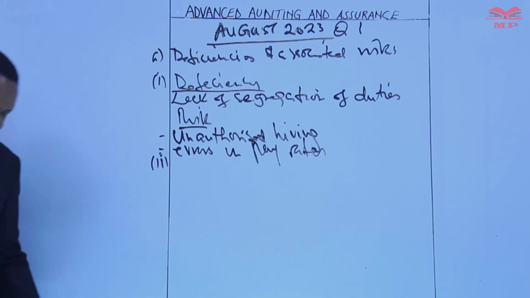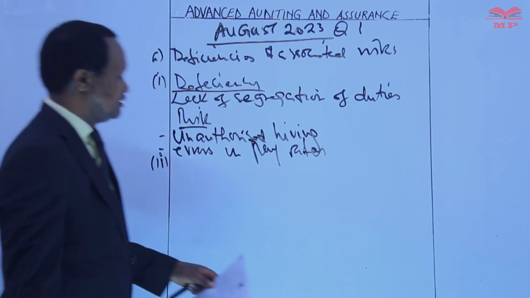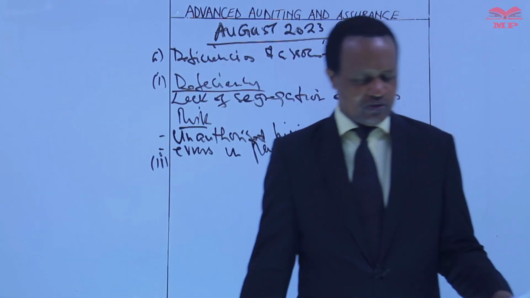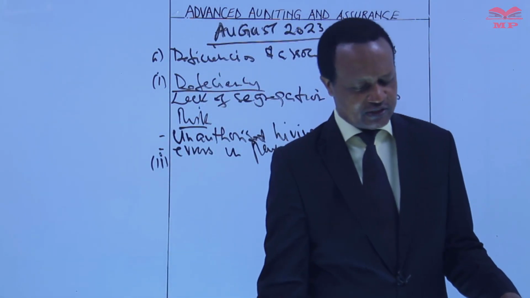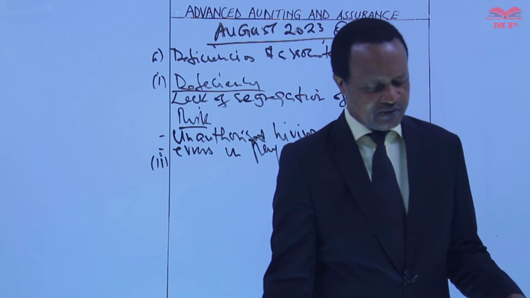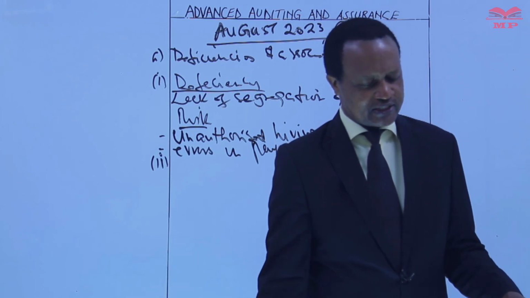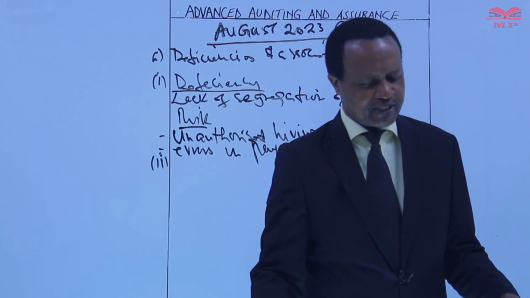There are many risks and deficiencies, candidates. If you are to read, almost every sentence is a deficiency here. In note number 2, we read that a supply of blank time cards is kept in a box near the entrance to the factory.